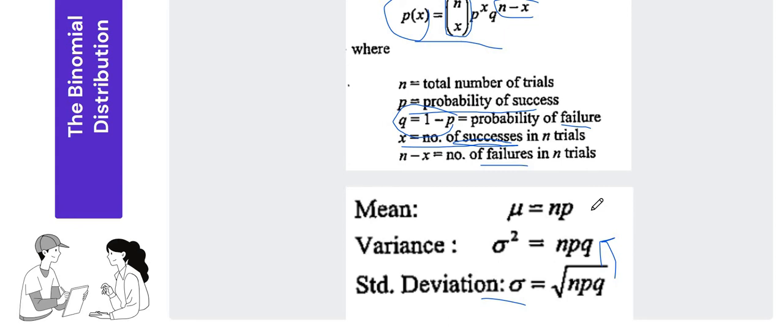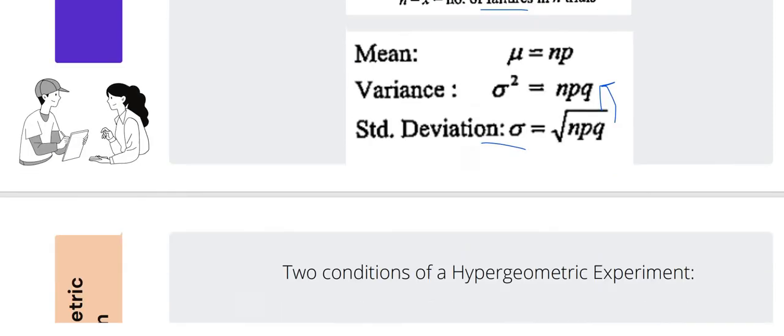I already showed you in the previous video that expected value means mean. Sometimes we also use the word average; average is also a mean. Then we have the variance here. Simple, you just multiply N and P, and for variance it is NPQ, that's it. That one is for binomial.